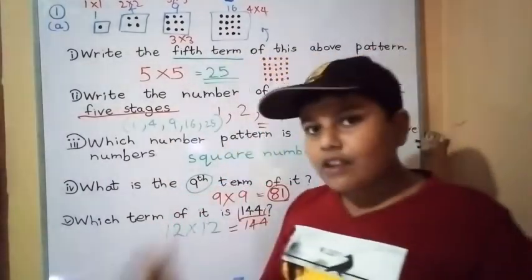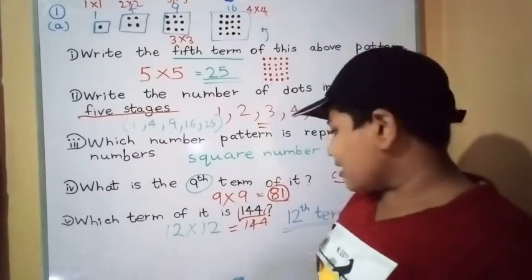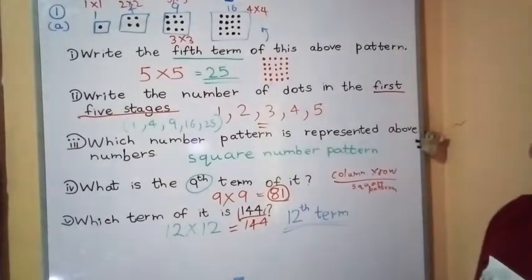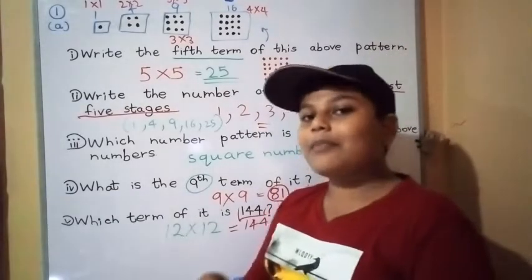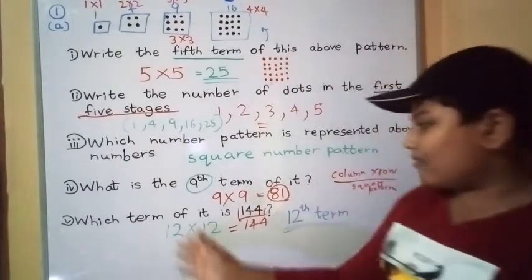Now you want to get values also. Now you have the answer 144, one value. Now a whole number multiplied by itself is one of that term.